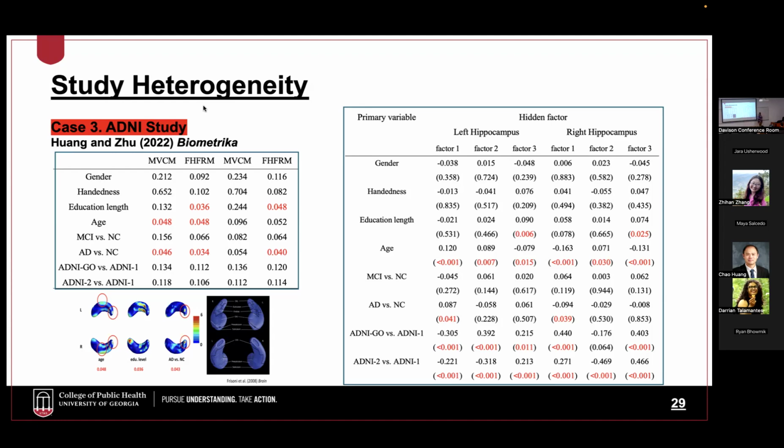You can see that it is very interesting. These hidden factors have some associations with the age information of our patients. And you can also see there is a strong study heterogeneity in these hidden factors. I think this is the goal of our methods. We do want to handle these potential study heterogeneities in our data analysis. Okay.